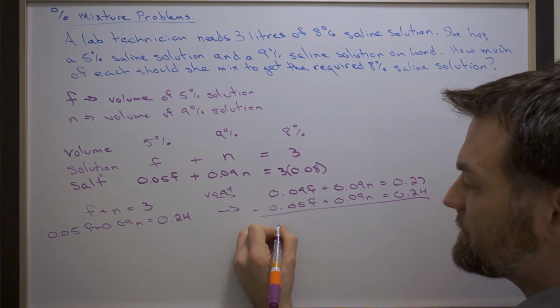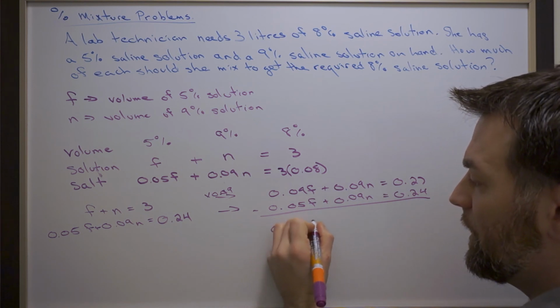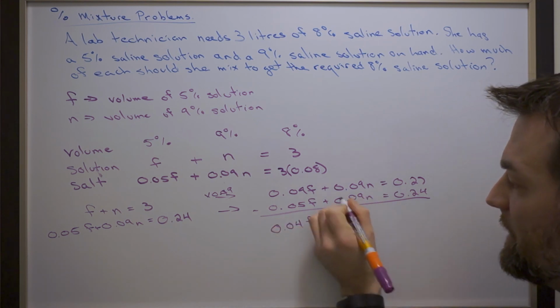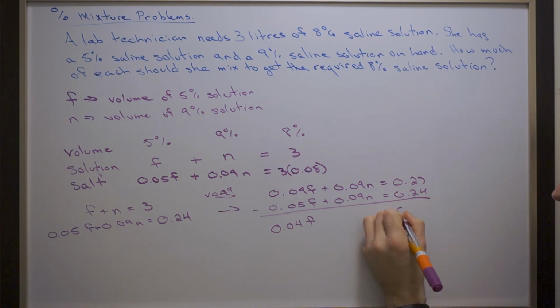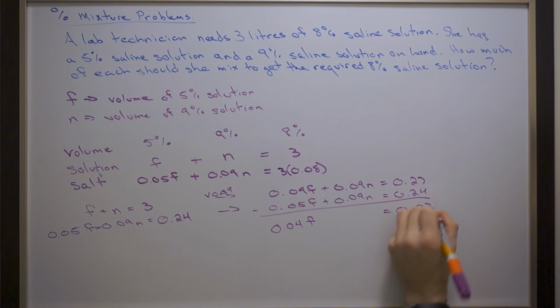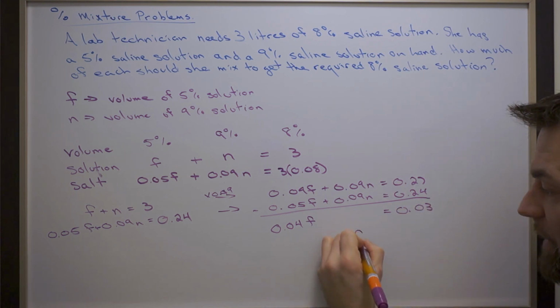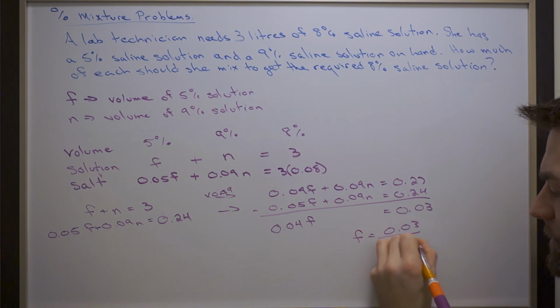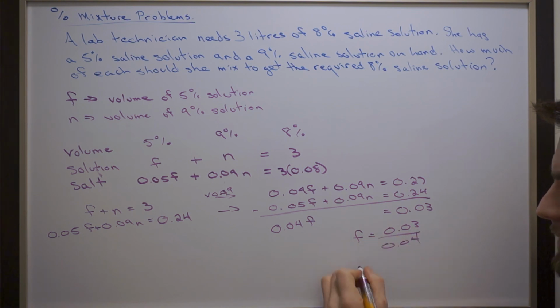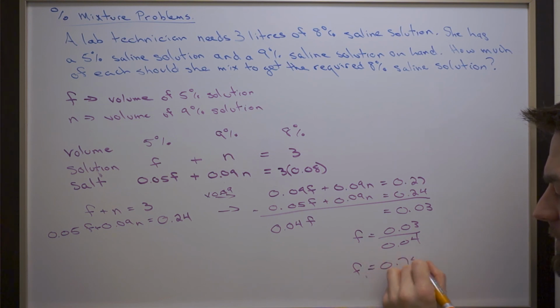So I subtract these: 0.04f, and here we have no n's left over, and then we subtract those: 0.03. To solve for f, f equals 0.03 over 0.04. This ends up being 3/4 or 0.75 liters.